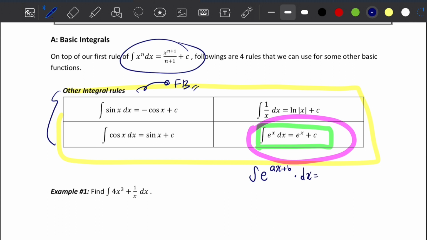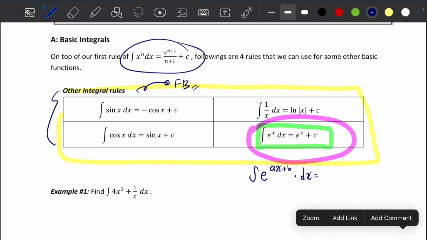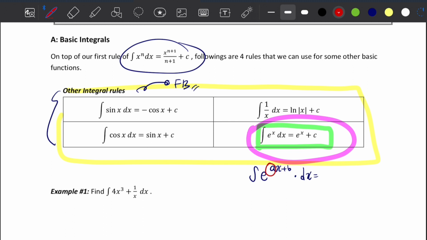In this case, what's happening is we take that number a, the number that goes with the x part of the power, to the front. So it becomes 1 over a times e to the power of ax plus b, plus c.